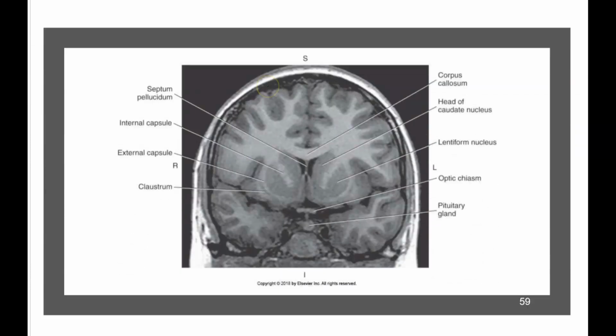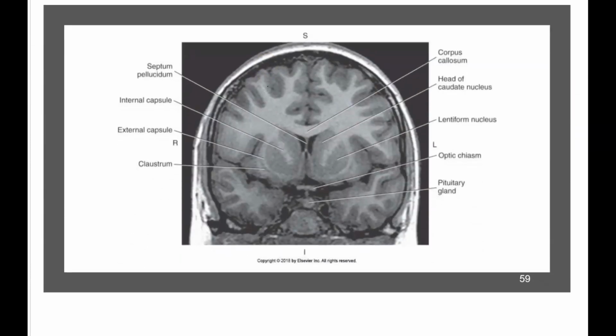Okay, we've got a coronal coming. It just looks so pretty. It looks like a flower to me. Okay, here is your corpus callosum. Here's the head of your caudate nucleus. This is your lentiform nucleus. Pituitary gland is right there. Here's your optic chiasm. Your suprasellar space is the space right in here.